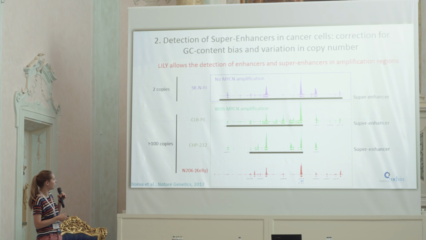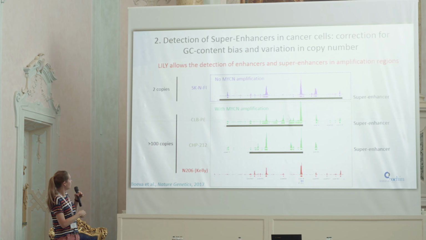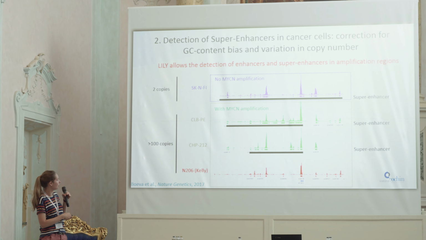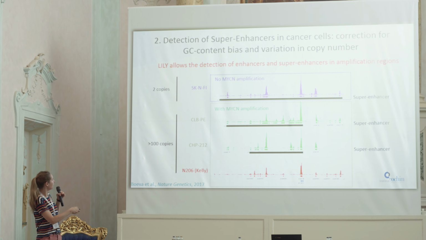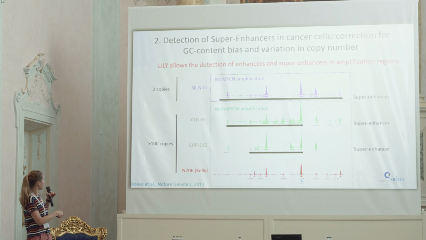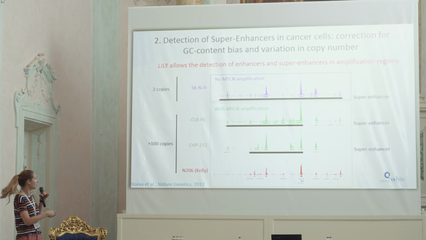I'm showing you an example here. This is ChIP-seq signal for K27 acetylation in 4 different neuroblastoma cell lines. This first cell line doesn't have an amplification in the MYCN locus, so you have 2 copies. These 3 cell lines have an amplification, so you have more than 100 copies of the MYCN locus.